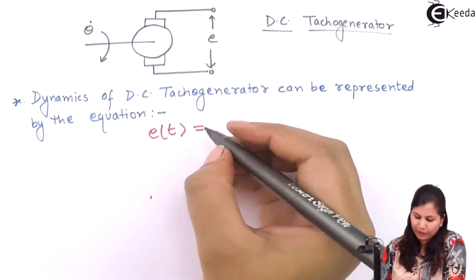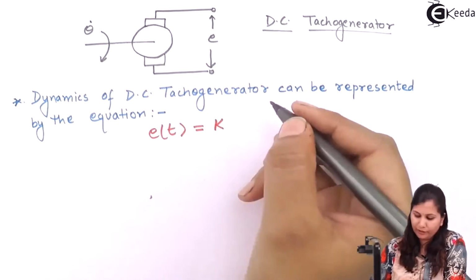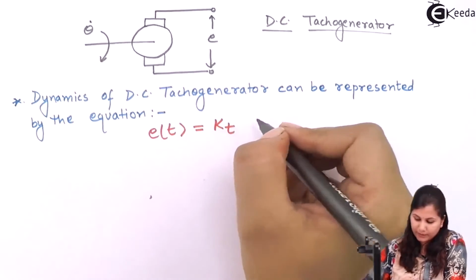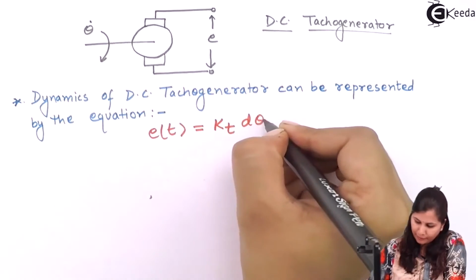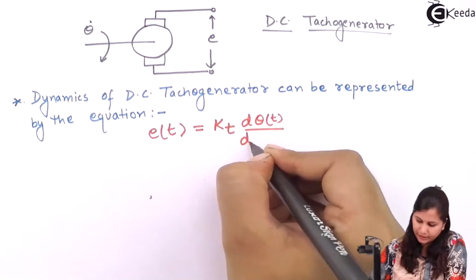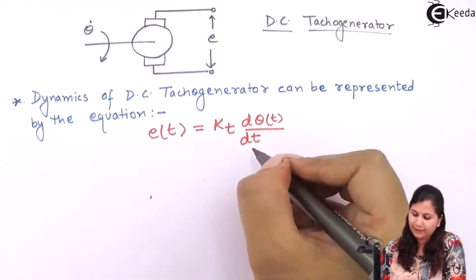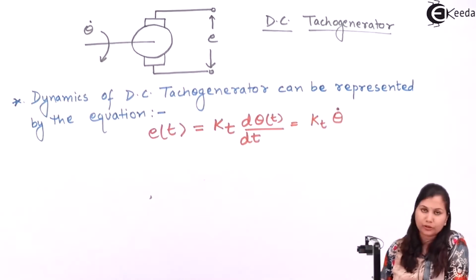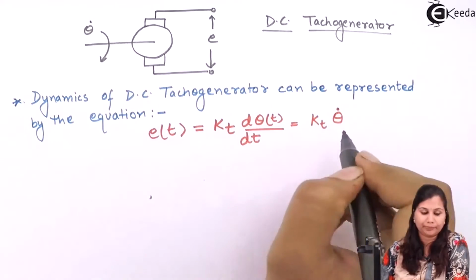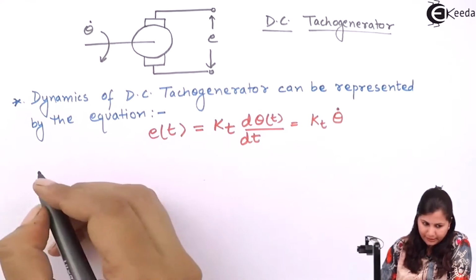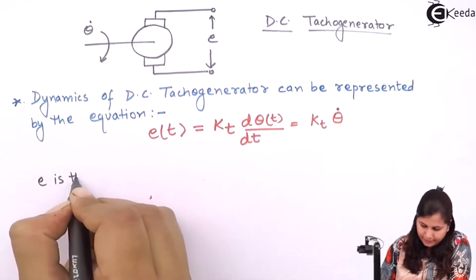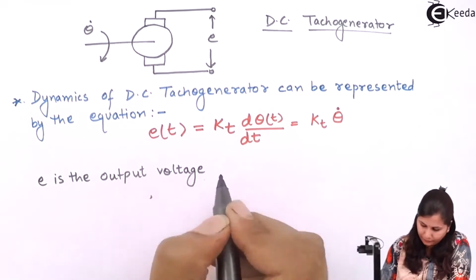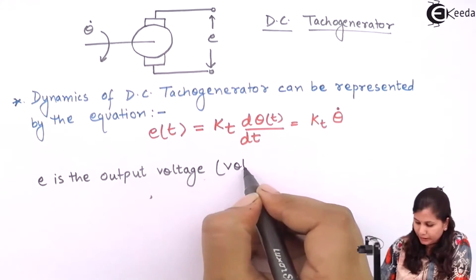If we remove the proportionality sign, we have to introduce a constant. So here we have the constant Kt, and the output voltage e equals Kt times d theta(t) by dt, that is the angular speed. If we represent it in dot form, it is theta dot, the differentiation of theta. Here e is the output voltage, and this output voltage will be in volts.